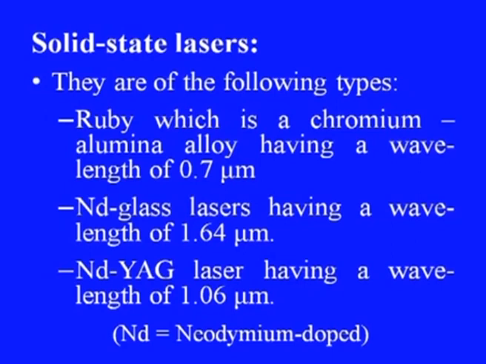Another very popular form of solid state laser is the Nd:YAG laser, also called neodymium yttrium aluminum garnet laser. These lasers have a wavelength of 1.06 micrometer. This Nd:YAG laser is another very popular laser in industrial applications.